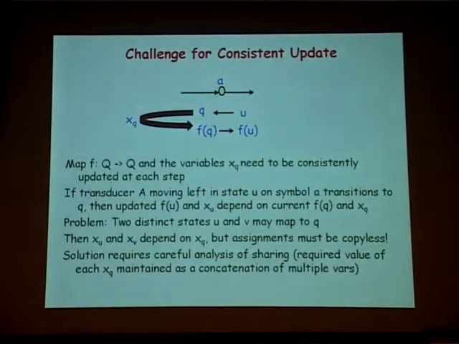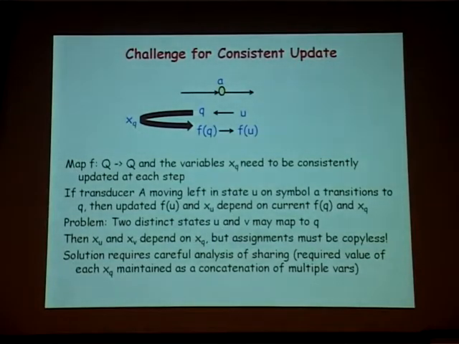We have a concatenation, so we can easily do that. But the problem arises because there may be another state v which goes to the same q, because going backwards, the machine is not really deterministic. Well, it's deterministic, but two states can map to the same state. The forward image being deterministic doesn't mean the backward image is deterministic. So then the values of xv and xu would both have to reuse xq, but reuse is not allowed, and that creates problems.